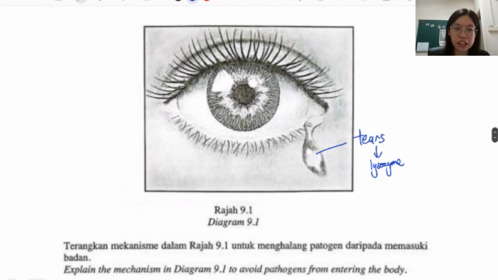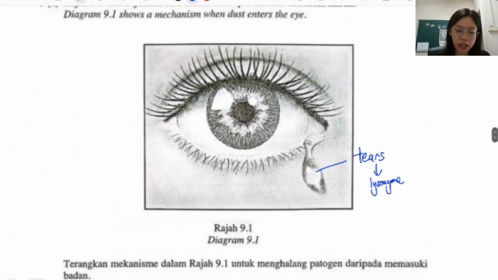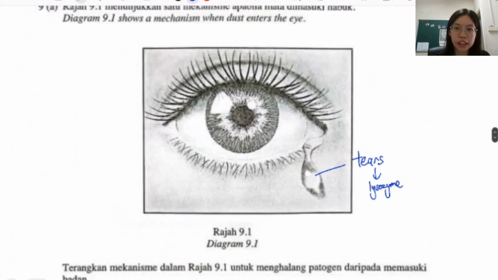Oh, it secretes the tears, right? So what is this line of defense? It is actually the first line of defense. So just mention what you have learned. This is the first line of defense, by secreting the tears. So what do the tears contain? They contain lysozyme, or you can mention antimicrobial protein, which is what is written in the textbook. So what does the lysozyme do?